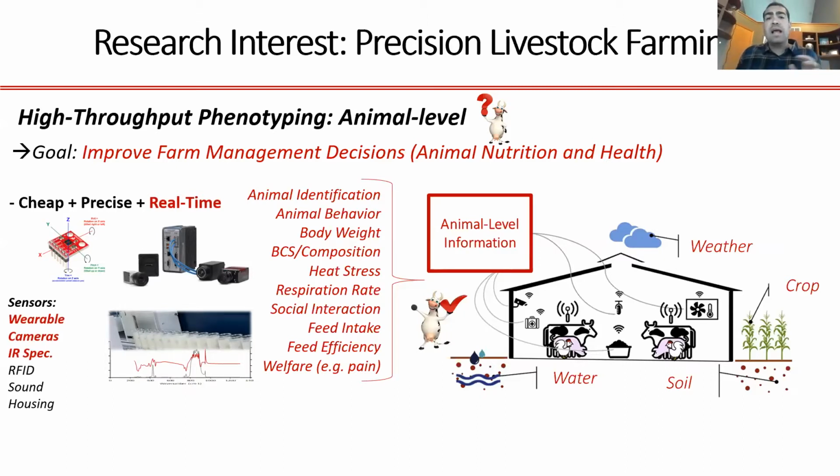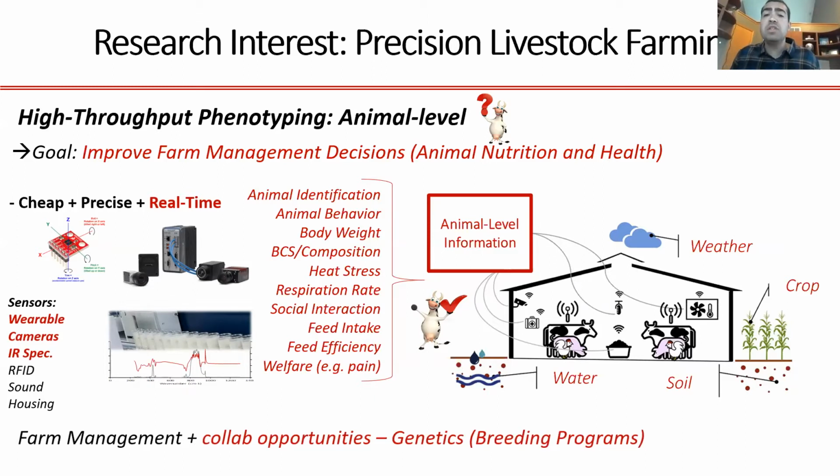I listed some that we are working on from the research standpoint here in Wisconsin: accelerometers or wearable sensors, computer vision and cameras, which is most of the research that we develop, and infrared spectrometry too. Those sensors are very powerful, and they can help us a lot to collect that animal level information.